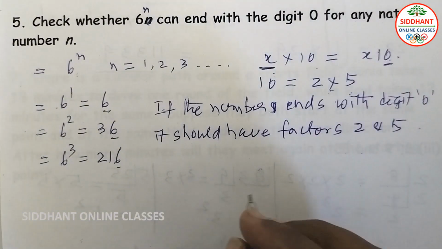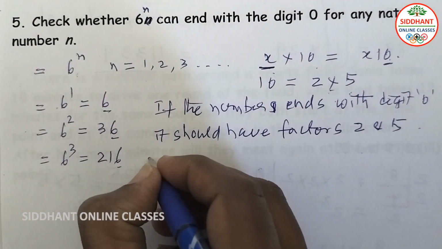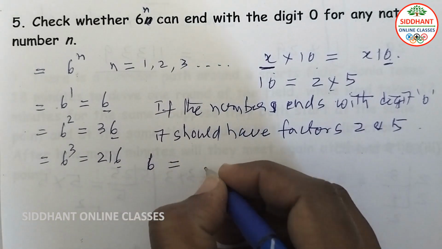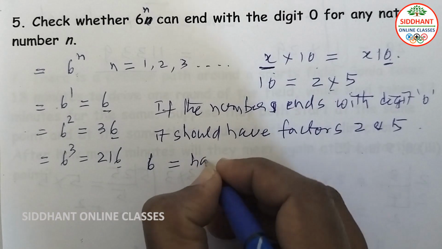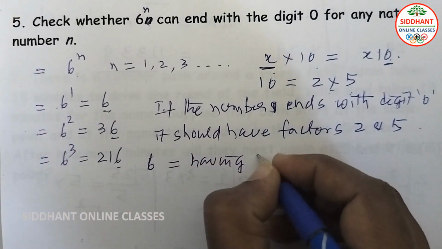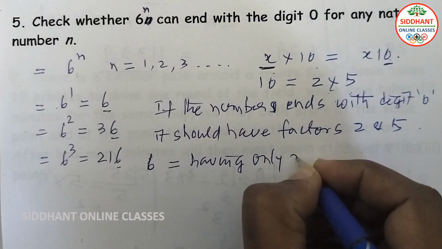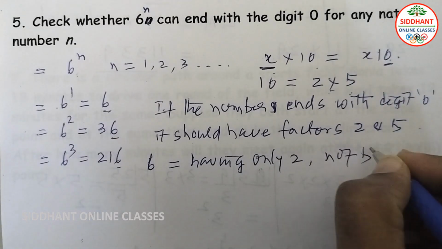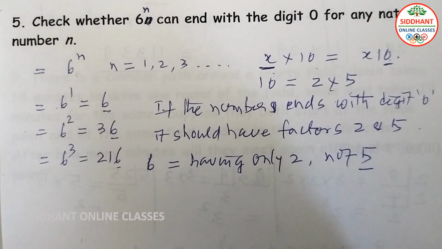But the number 6 has only the factor 2, but not 5.